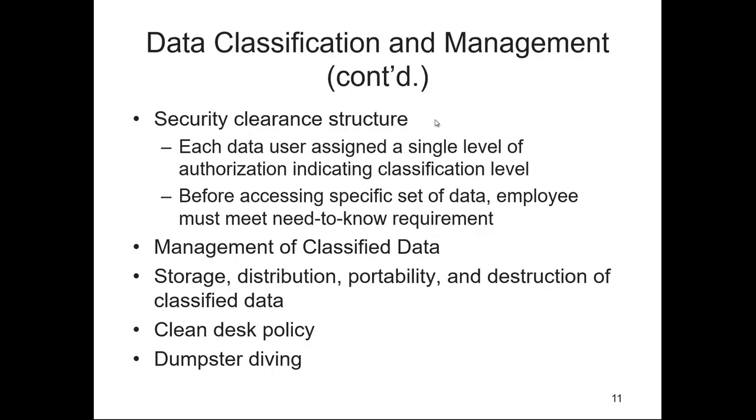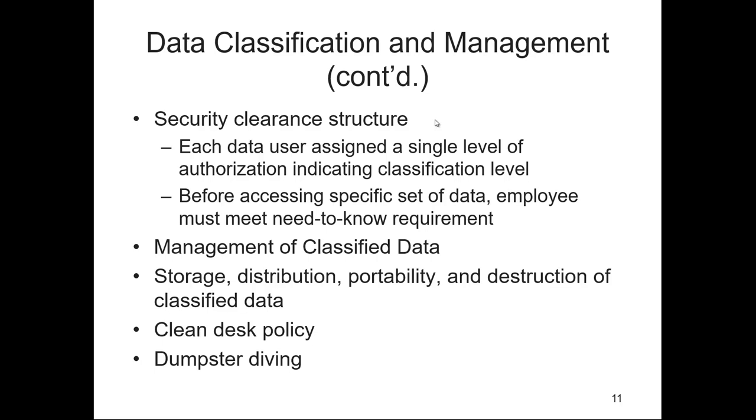Once the information is classified, security levels of access have to be structured. It can be called a personal security clearance structure. Each user within the organization will be assigned a single level of authorization. That level indicates the data that the user is authorized to view.